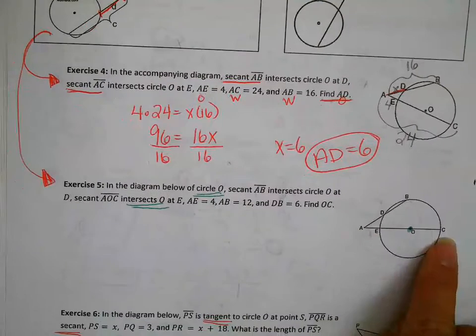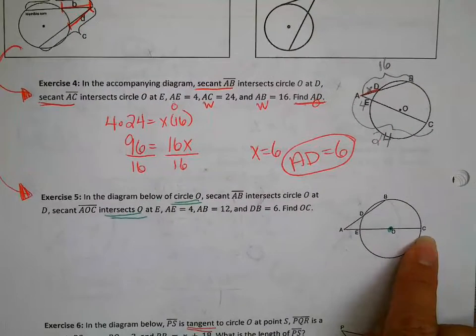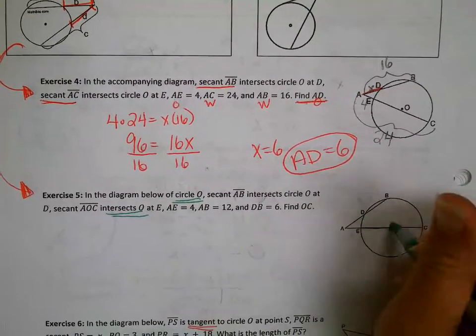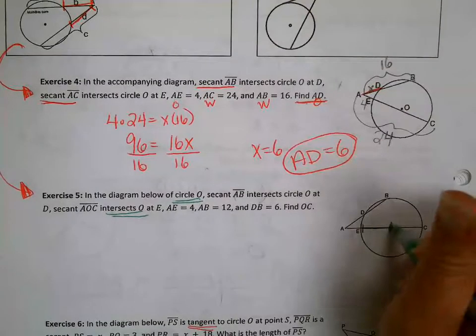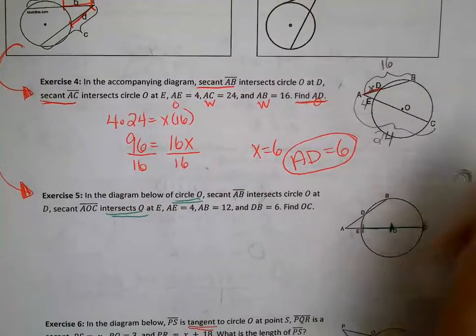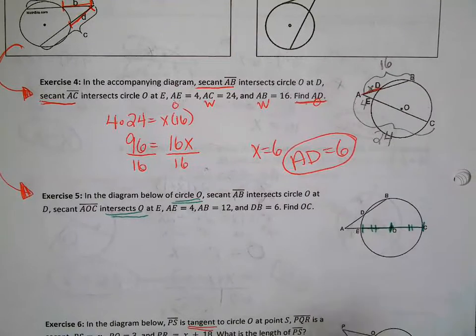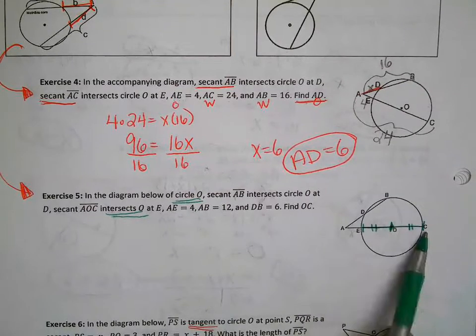Here, this secant AEOC goes through the center. That tells us, remember, EO and OC are radii. So those two segments are equal to each other, from E to O and O to C.